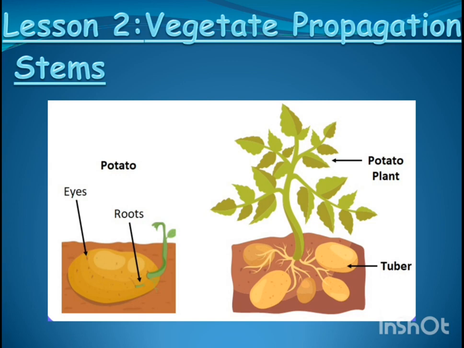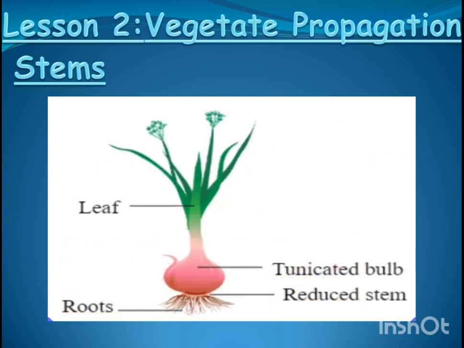One more stem which grows under the ground is onion and ginger. Onion also grows under the ground, and these are modified stems in the shape of a bulb. These modified stems are called bulbs. For potato it is tuber, here it is bulb.